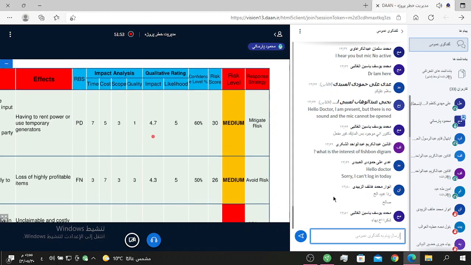And the next column belongs to risk level, such as low, medium, high, for example, according to the risk score or risk number. And the last column is about response strategy.